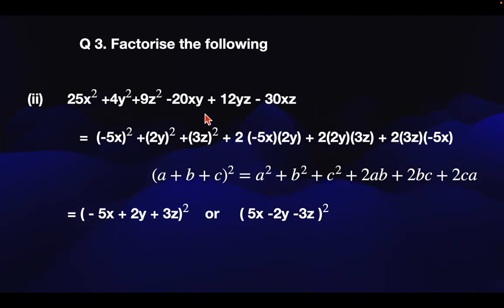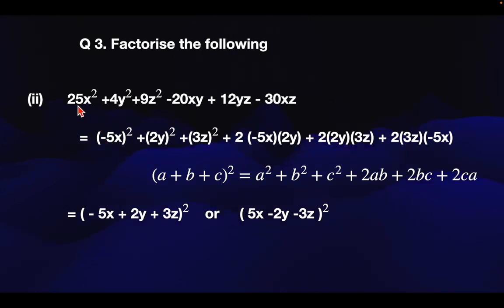Here one thing you should be careful about is, can you see a negative sign here, and there is a negative sign here. So what is the common factor here? x and x. So x is a negative value. From this we can understand that we have to take x as negative.